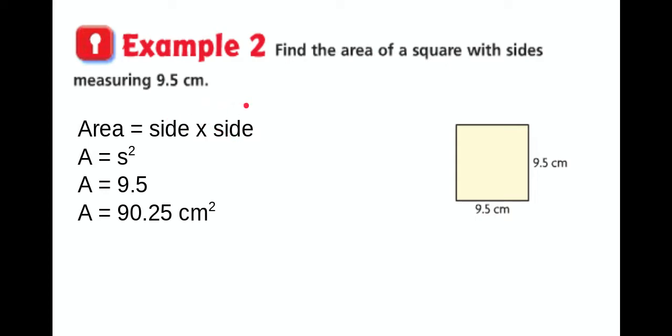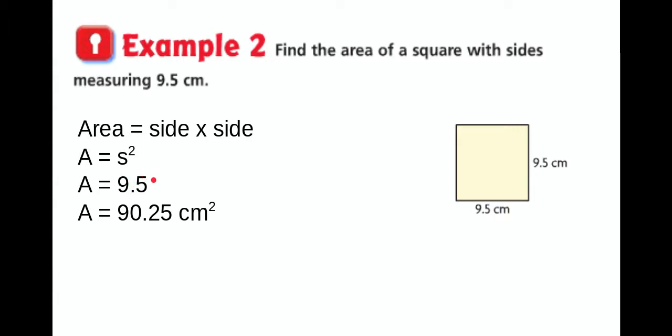So the reason it's S squared is because it's side times side. Anytime you are multiplying a number by itself, you're going to square it or go to the power of 2. If you don't have the square button on your calculator, that's okay. You can simply do 9.5 times 9.5. But what we have to do right now is do 9.5 and square it.